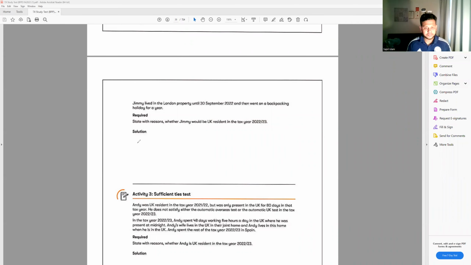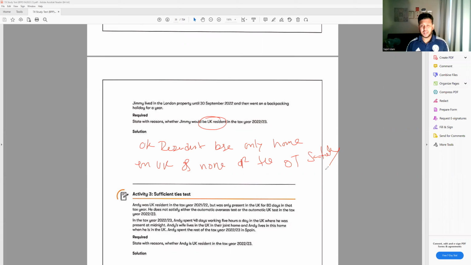So you say yes, he is a UK resident, because only home in UK and none of the overseas tests satisfied. That's it.